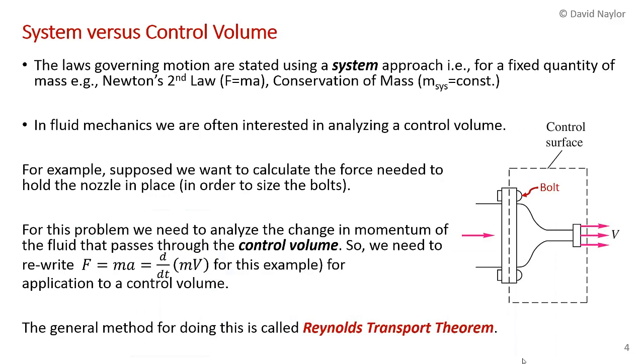Now it turns out that the governing laws of motion are stated using a system approach. They're stated for a fixed quantity of mass. And if you think about F equals ma, when you used it in your physics course, that m was generally a fixed quantity of mass, a well-known quantity of mass.